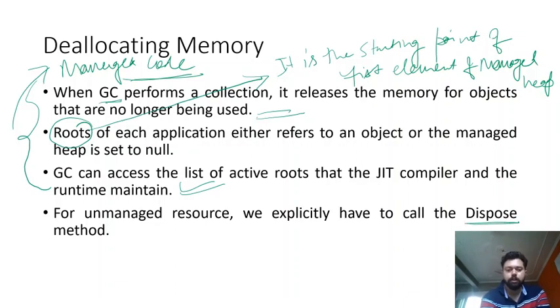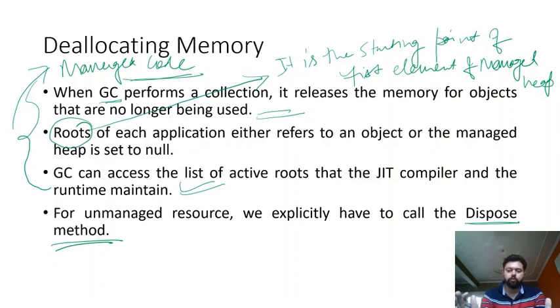So for unmanaged code, we have to write a piece of code, a dispose method, and call that method explicitly in our application for releasing the memory for objects.